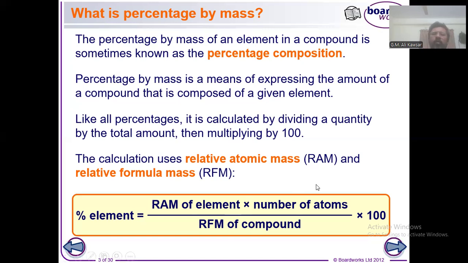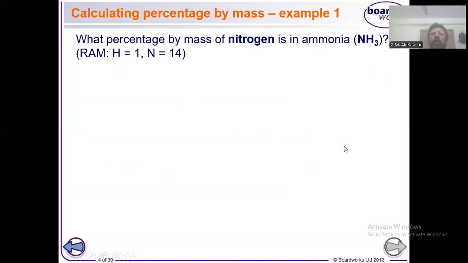I have given the example of water, but it can be any molecule, like ammonia, carbon dioxide, etc. So we have to find out the relative formula mass of those molecules using the periodic table. And using the periodic table and the relative atomic mass of different elements, we can calculate the relative formula mass of any molecule.